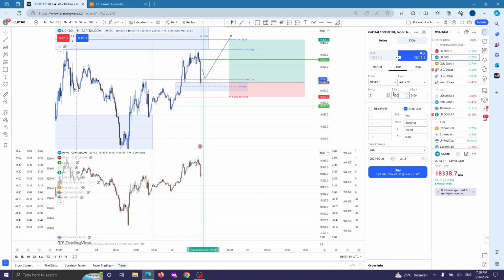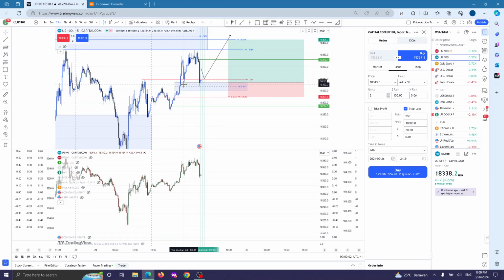Risk $100. I'm gonna put a limit at this candle slow. Candle slow is at 18334. I'll take it.